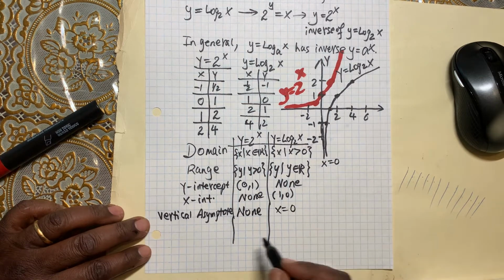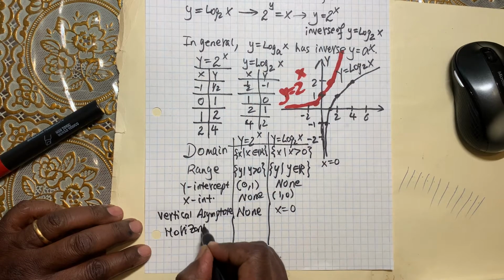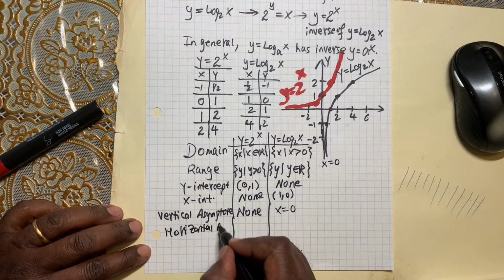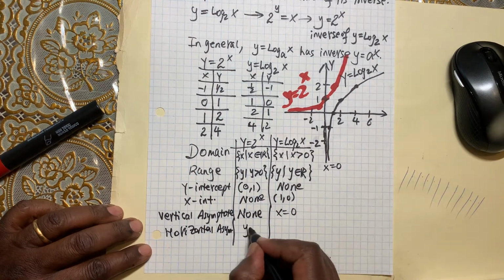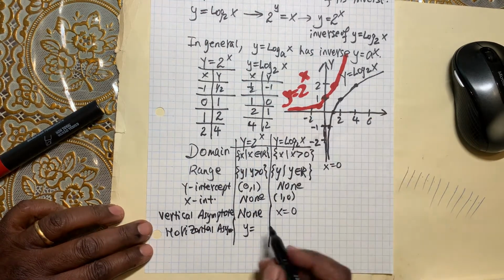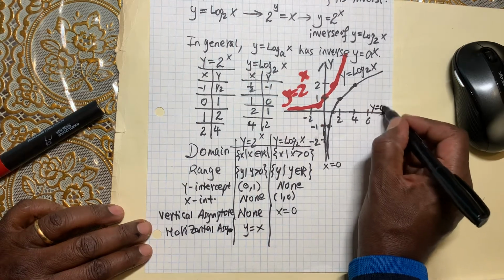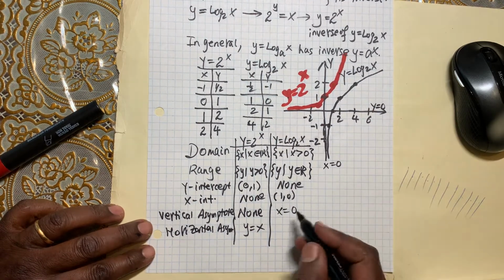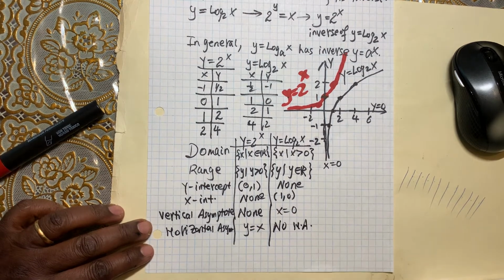Horizontal asymptote. The exponential, 2 to the power of x, has y equal to 0, the x-axis. But the logarithmic function doesn't have a horizontal asymptote.